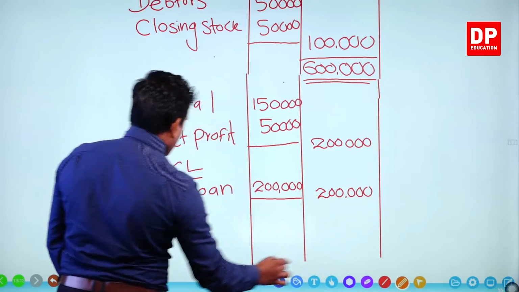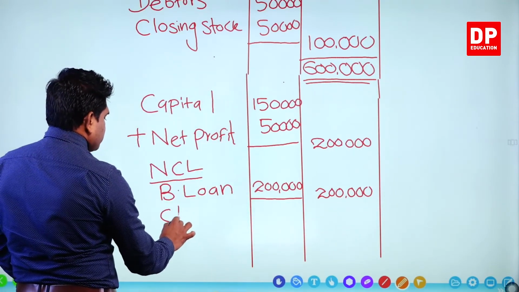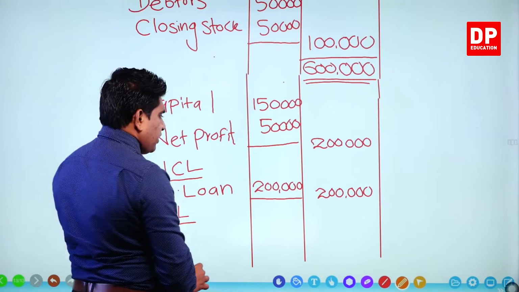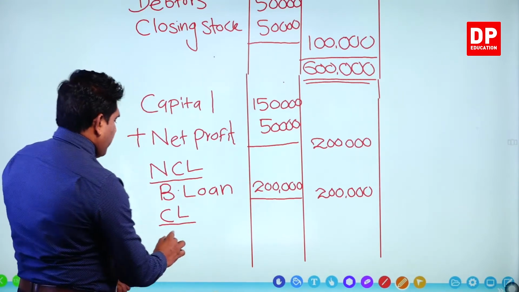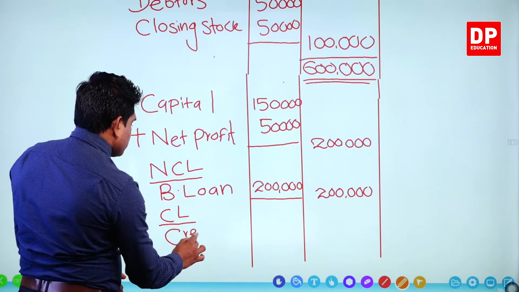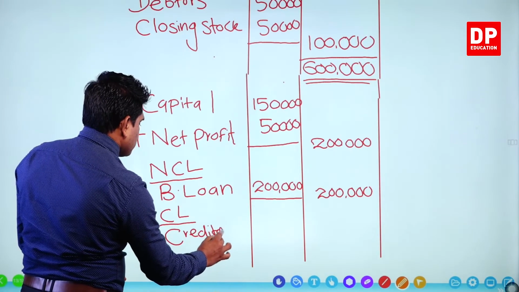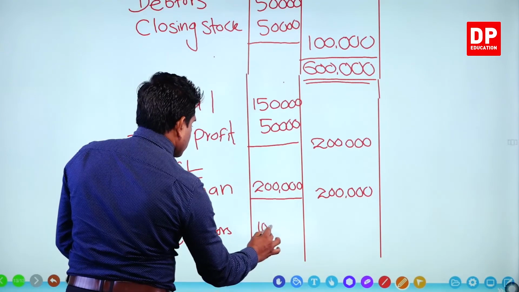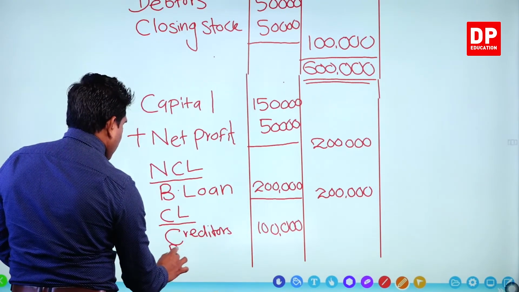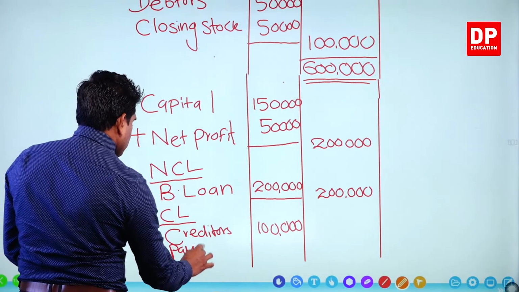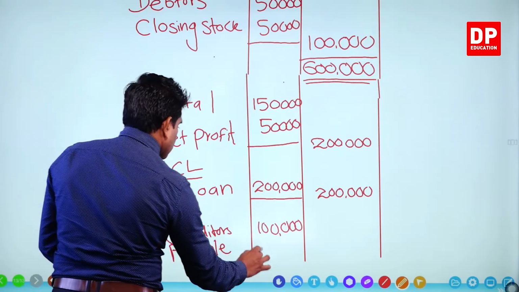Right? Now, current liabilities. Creditors, 100,000. Other payables, right? Payables I have given 100,000.